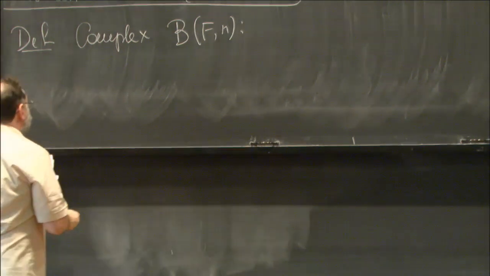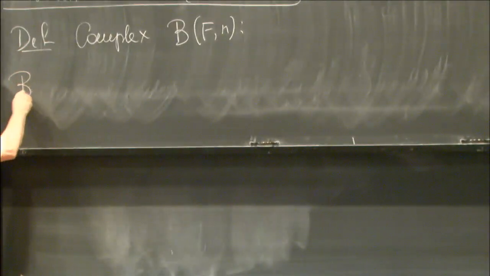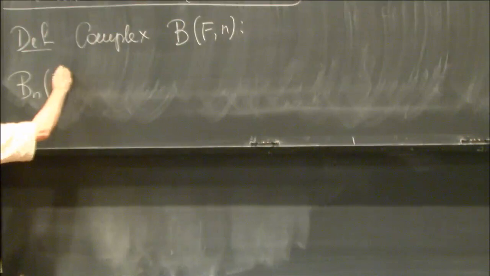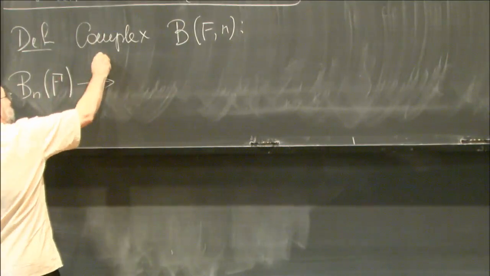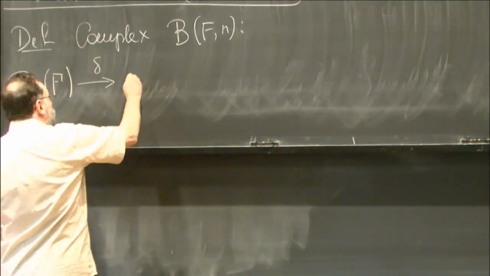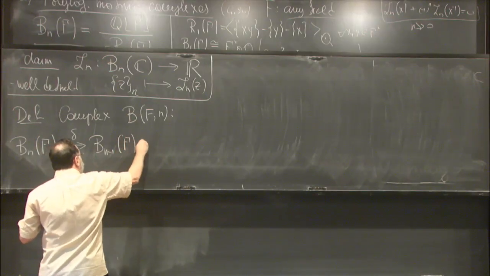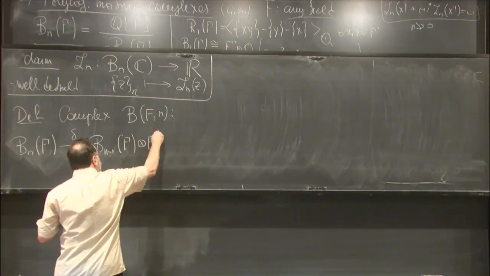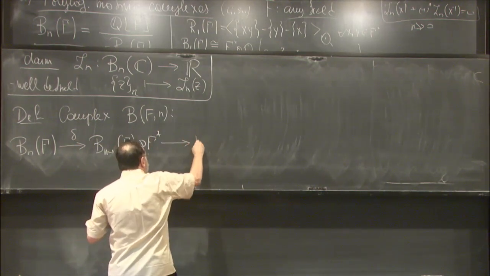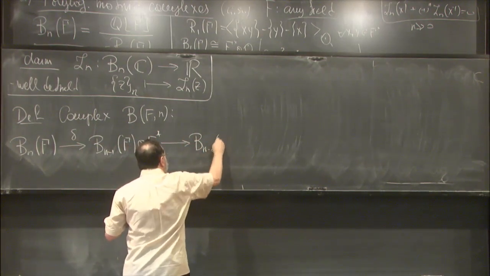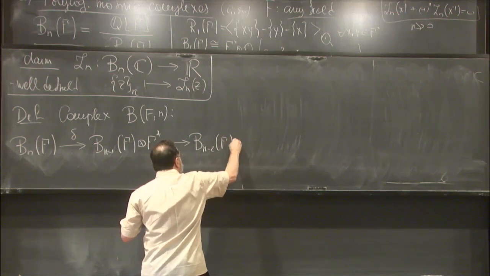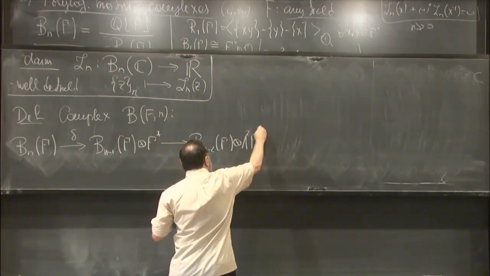And the complex looks as follows. It starts with the group Bn of F. Then it goes by this differential delta, which was called delta n before, to Bn minus 1 of F tensor F star. Here it goes again to Bn minus 2 of F tensor lambda square of F star.